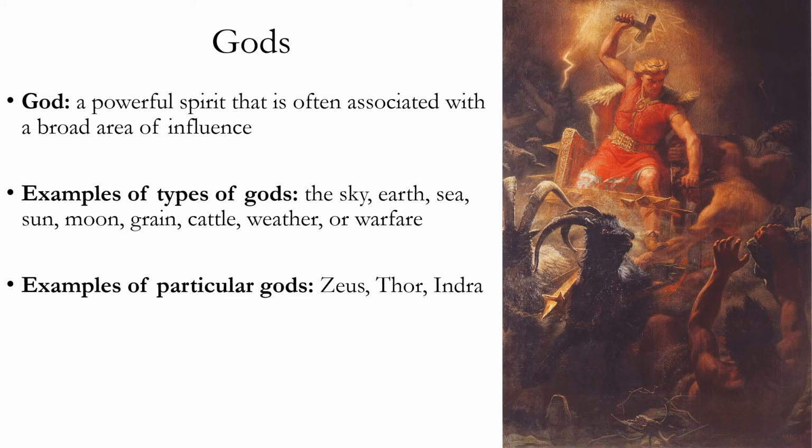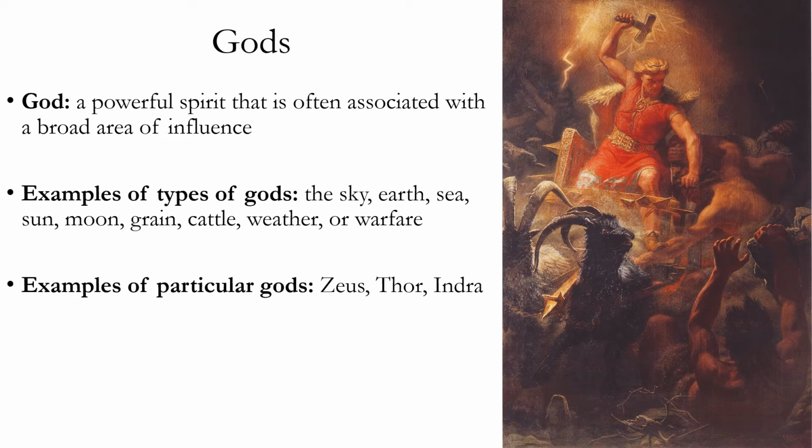So some examples of that are gods of the sky, the earth, the sea, the sun, moon, grain, cattle, weather, warfare, or death in the land of the dead. There are other types of gods as well. Whereas spirits are more likely to be associated with particular places, like the spirit of this mountain, or of this rock, or of this river, as opposed to being the god of storms and the weather in general.